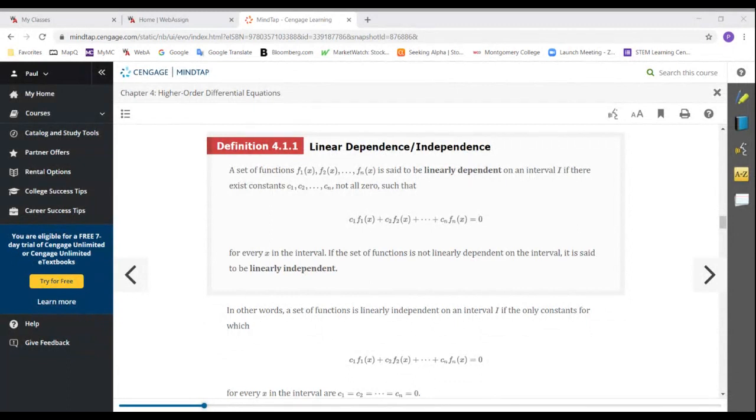A set of functions is said to be linearly dependent if there exist constants, not all zero, such that if you take a linear combination of the functions, you'll get it equal to zero. In other words, the functions are related to each other by that equation in definition 4.1.1.